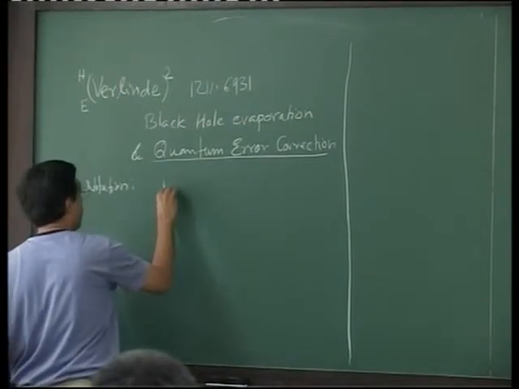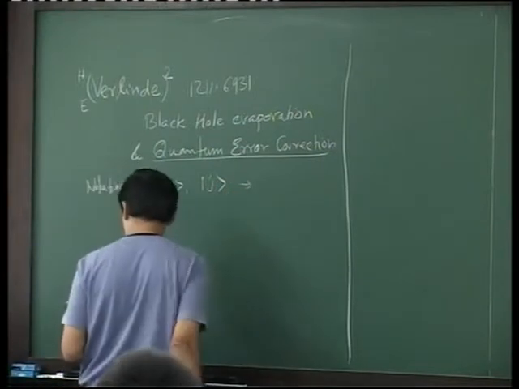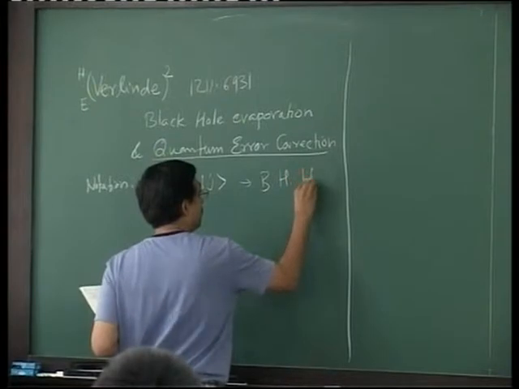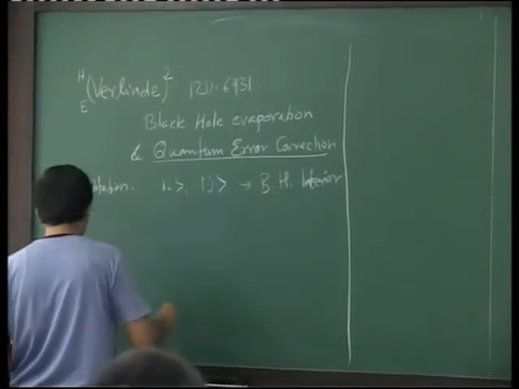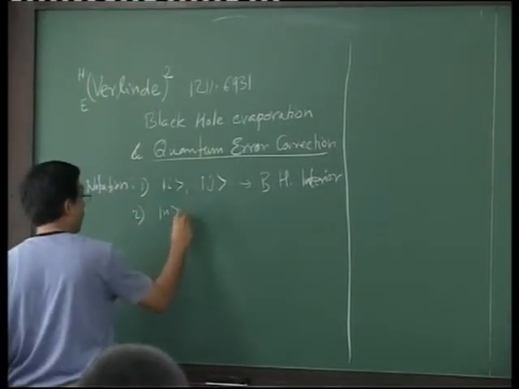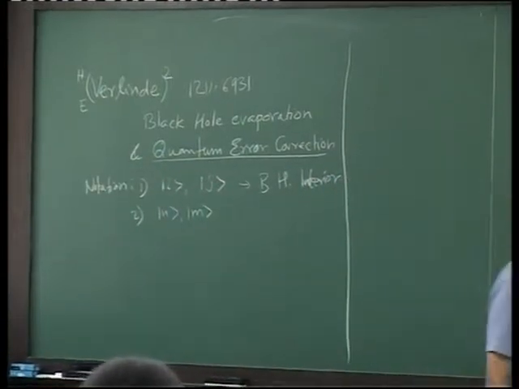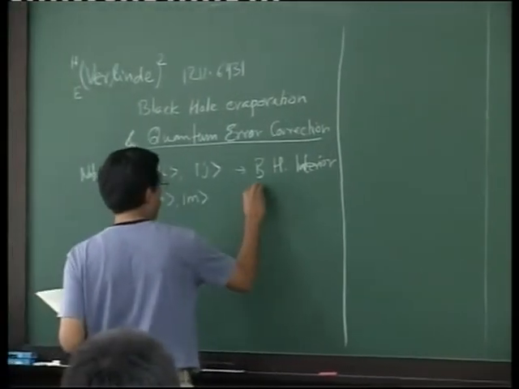So I use I_j kind of state for describing the black hole interior. The states of the type N_m with various subscripts attached to it are radiation.